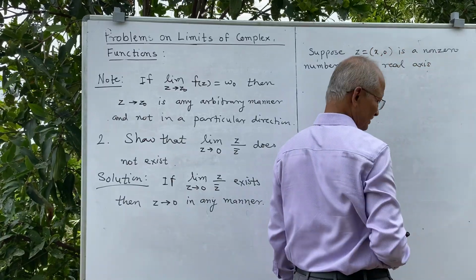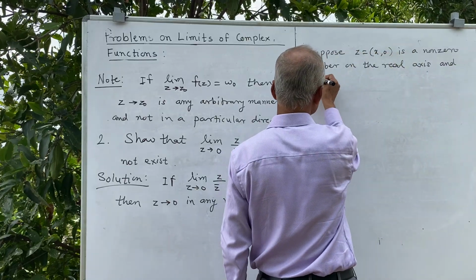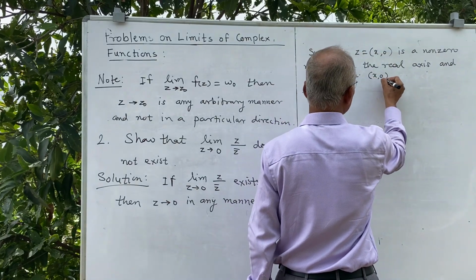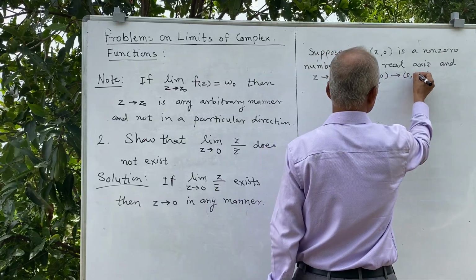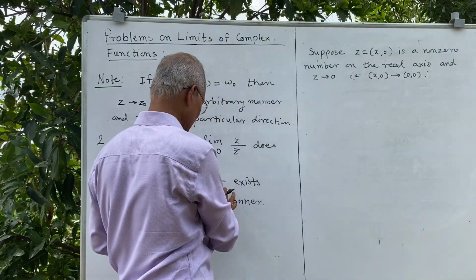That is the x axis, and z approaches 0, that is x comma 0 approaches 0 comma 0. Then we shall find out what is the limit of this z upon z bar.